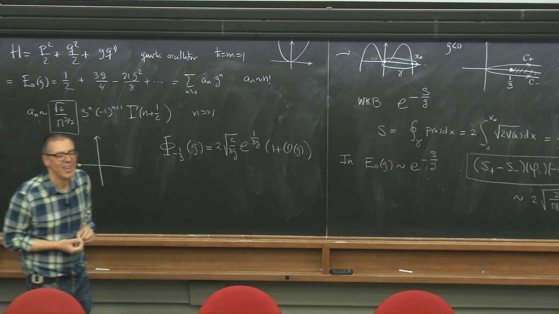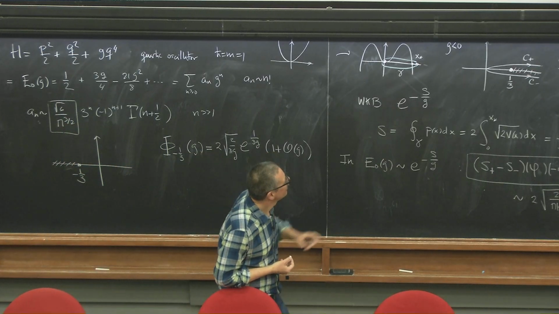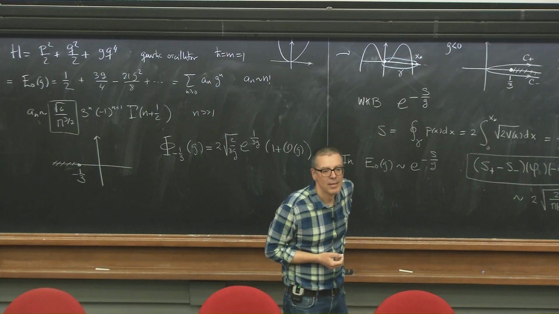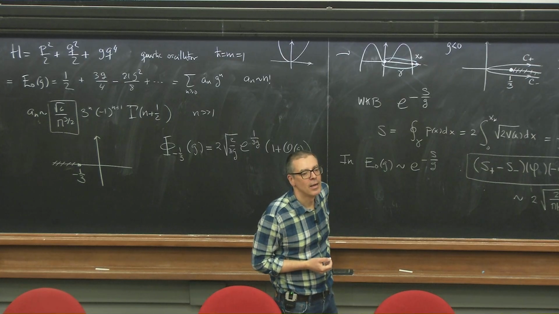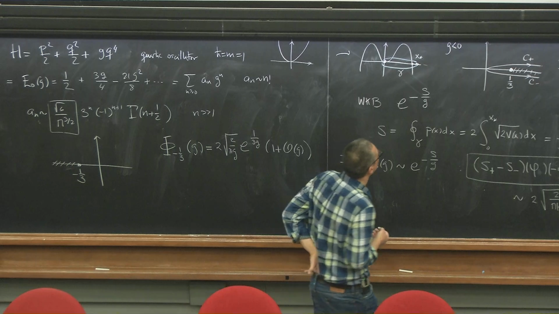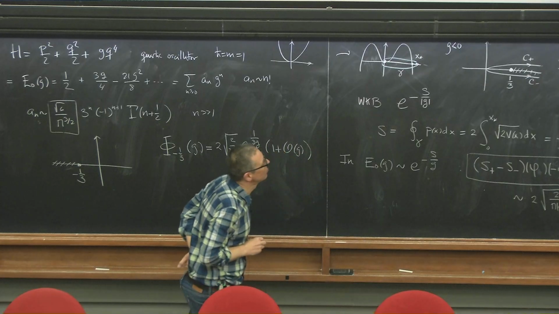Sorry, I'm a bit confused about this 1/3. Here g is negative, and you're expanding around g equal to 1/3? Sorry, this 1/3 is the value of g that you're expanding around, right? Yeah, sorry, here I have to say it's g in absolute value, yes, like here.